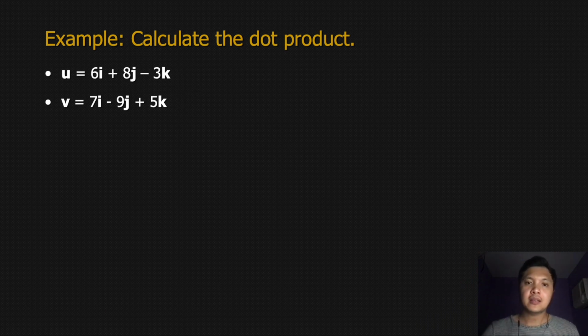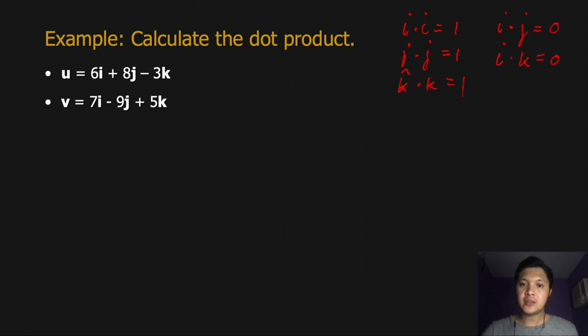Remember that i dot i is equal to 1, j dot j is equal to 1, and k dot k is equal to 1. But if we get the dot product of i dot j, that is equal to 0. i dot k is also equal to 0. k dot j is equal to 0.